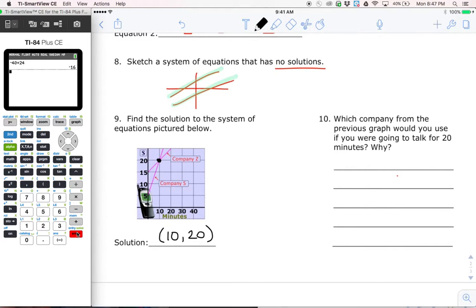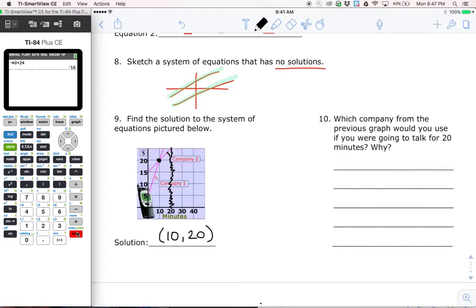Okay. Question number 10. Which company from the previous graph would you use if you were going to talk for 20 minutes? Okay, so 20 minutes is right here. So it looks like the cheapest is this first one I hit, which is company Z, right? This first one here, this line, started more expensive, but at 20 minutes, it's less expensive.